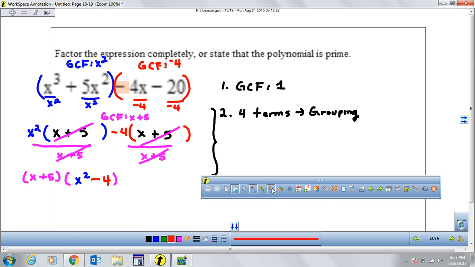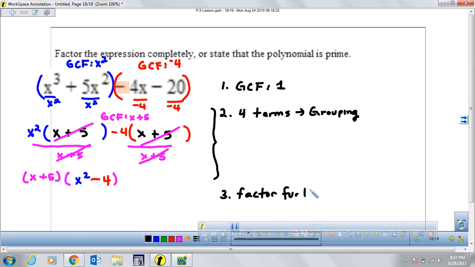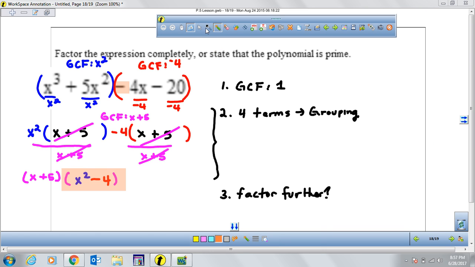Okay. Now, last step in the process is we have to determine, step number 3, if we can factor this further. Which in this case, we can, because as you can see, if you look at the second parentheses, we ended up with two terms. So let's put that information so that you remember that.